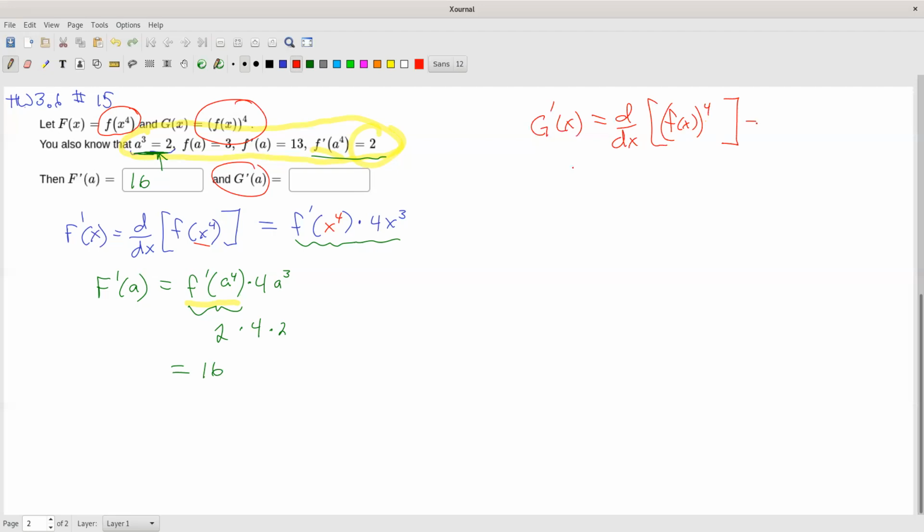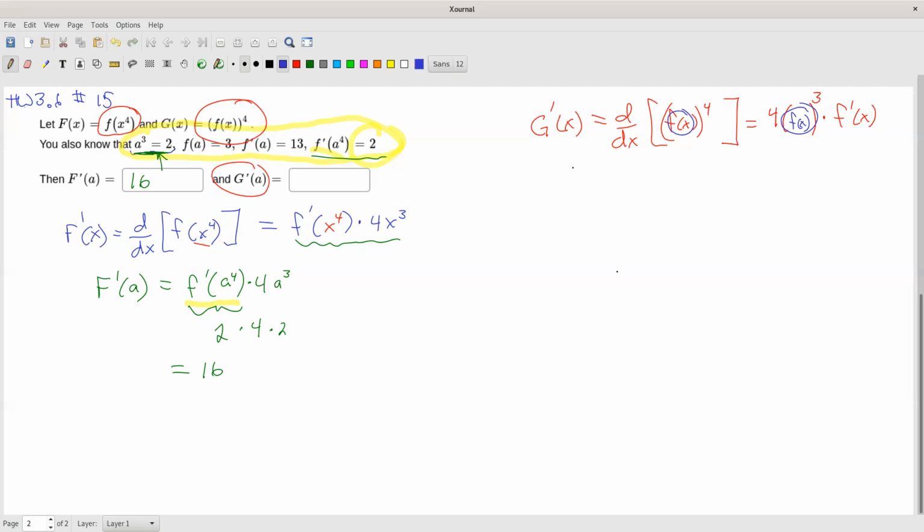So the chain rule says take the derivative of the outer function. What's the derivative of something to the fourth power? It would be 4 times whatever to the third power, and then multiply by the derivative of the inner function, and the derivative of f is f prime. And then remember, the chain rule also says that whatever the inner function was, it stays the inner function in the derivative. So that's an f of x right there.